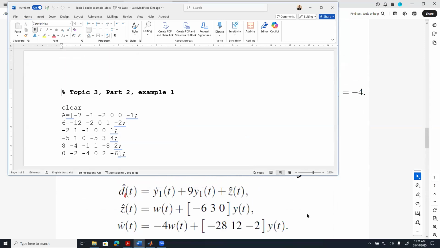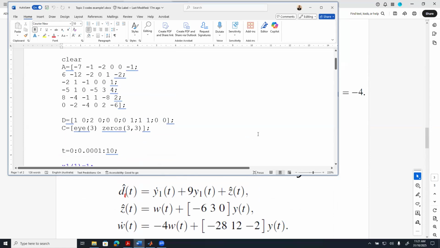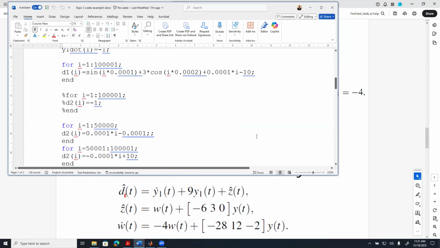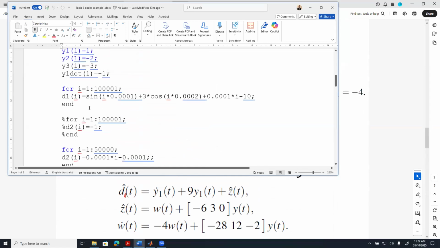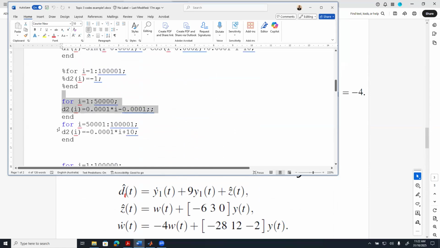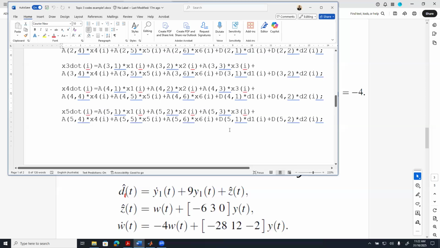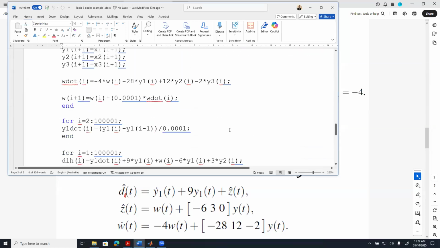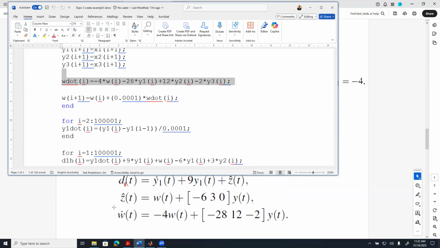We enter the matrices A, B, C, D, and we enter the unknown input, arbitrarily generated, and then the unknown input D2 as well, because there are 2 unknown inputs coming into the system. Then the code for simulation, and this is the equation of omega, this equation here, -4 and so on.